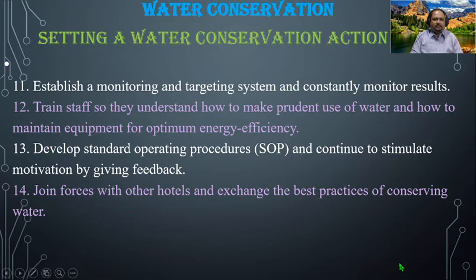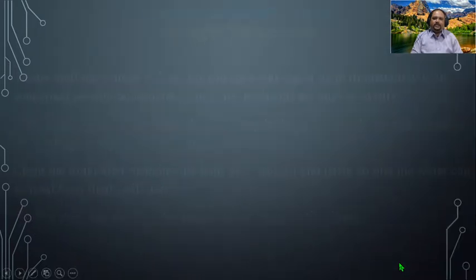Develop standard operating procedures, that is SOP, and continue to stimulate motivation by giving feedback. Number 14, join forces with other hotels and exchange the best practices of conserving water.